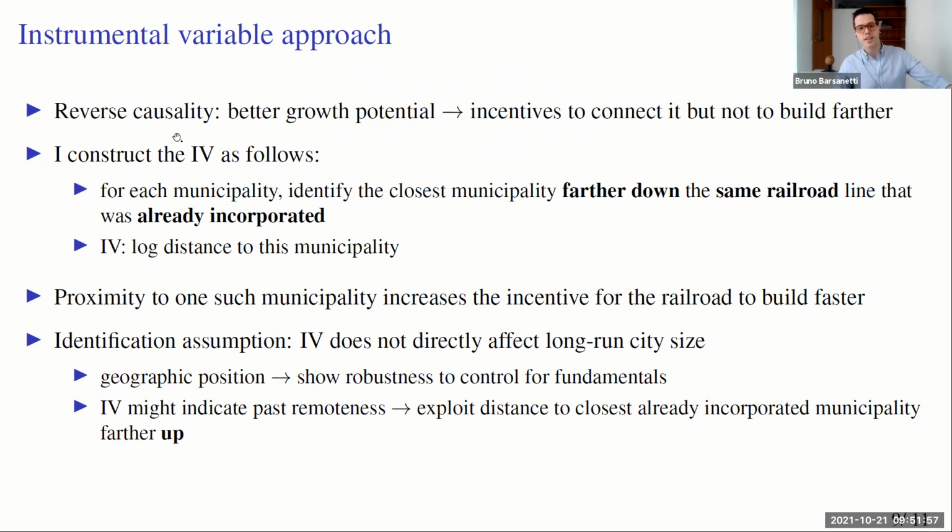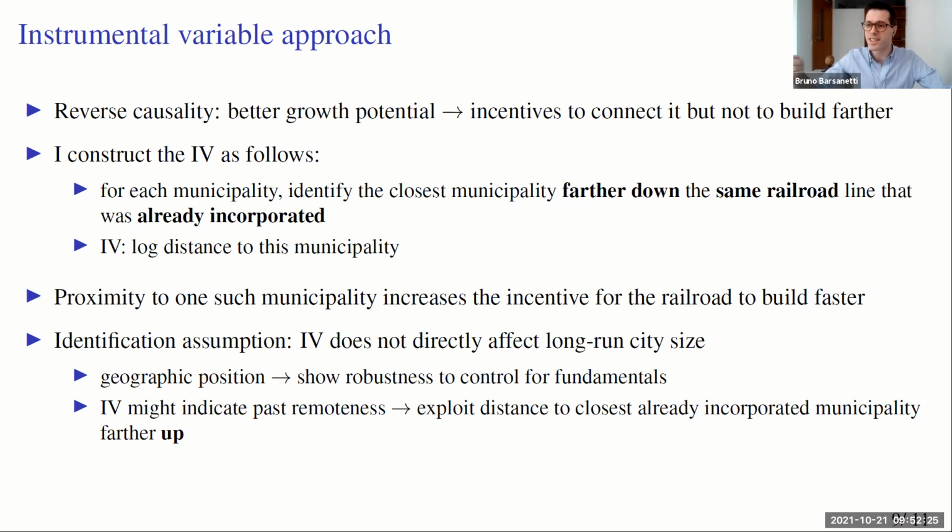So to address that, I use as IV the following variable. For each of these municipalities, let's find the closest municipalities farther down, so places that were not yet connected by that railroad line, that were at the time already incorporated. And by already incorporated, this is probably capturing the fact that those towns were already relatively sizable.